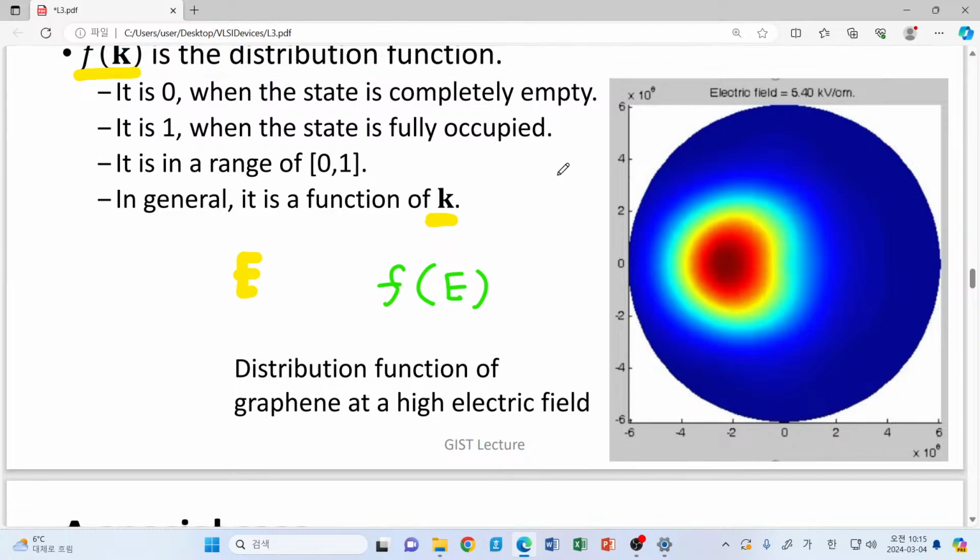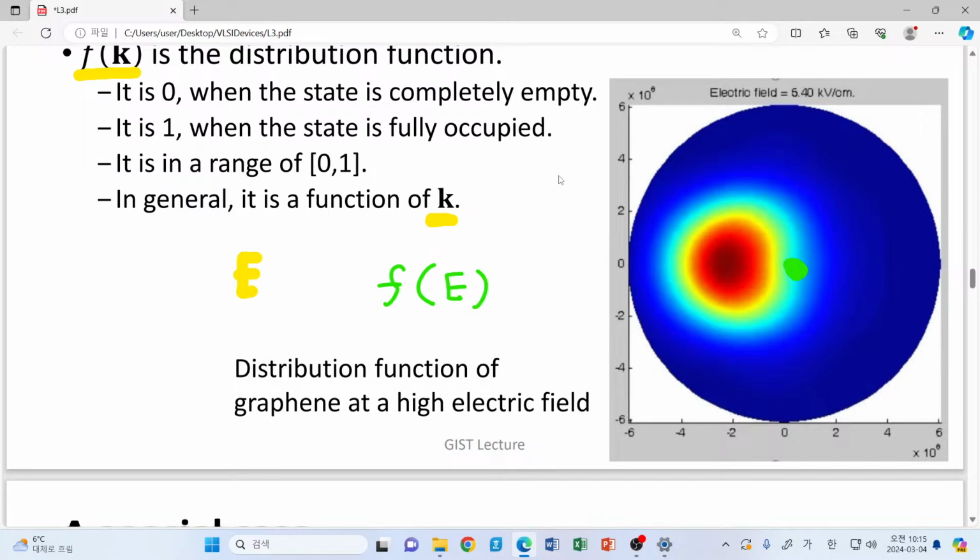The red color means a higher distribution function, almost close to 1, and blue shows a small distribution function, almost 0. And where do you find the origin of this K-space? This is the origin of your K-space.